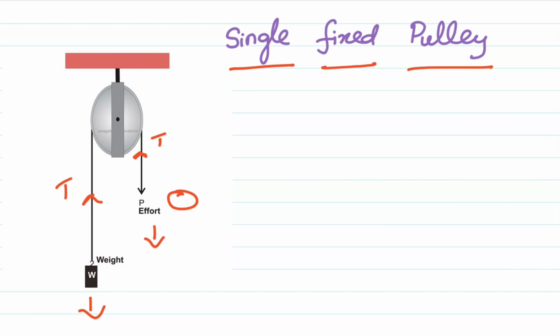Then in equilibrium condition, the load L, which is acting in the downward direction, is balanced by the tension acting on that segment of the string in the upward direction, and the effort which is applied at the other end of the string in the downward direction is balanced by the tension acting on that segment of the string in the upward direction.